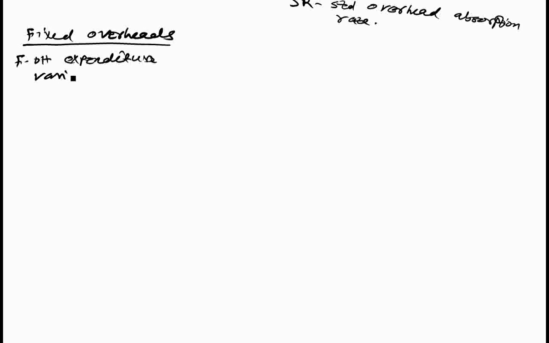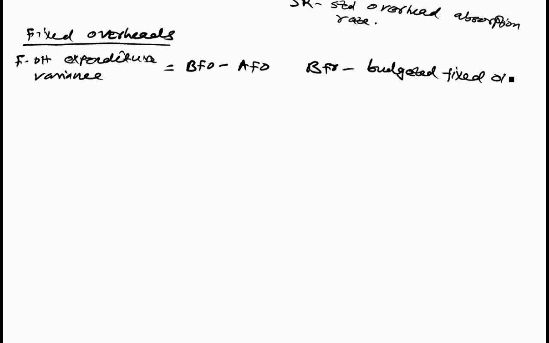The formula for that is budgeted fixed overheads minus actual fixed overheads. So BFO means budgeted fixed overheads, and AFO means actual fixed overheads.